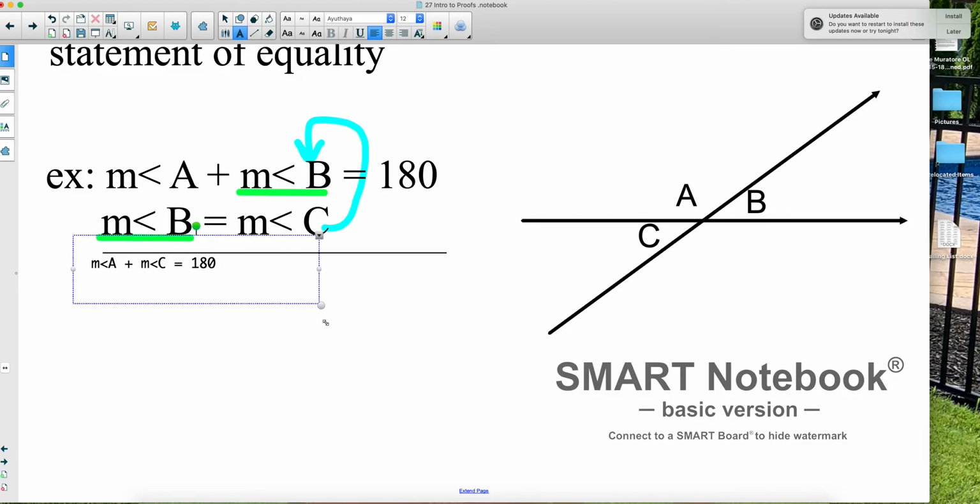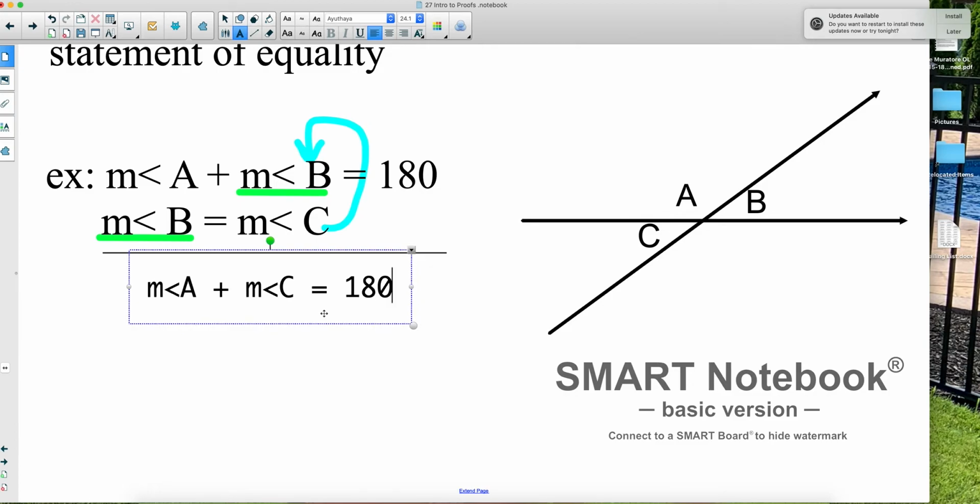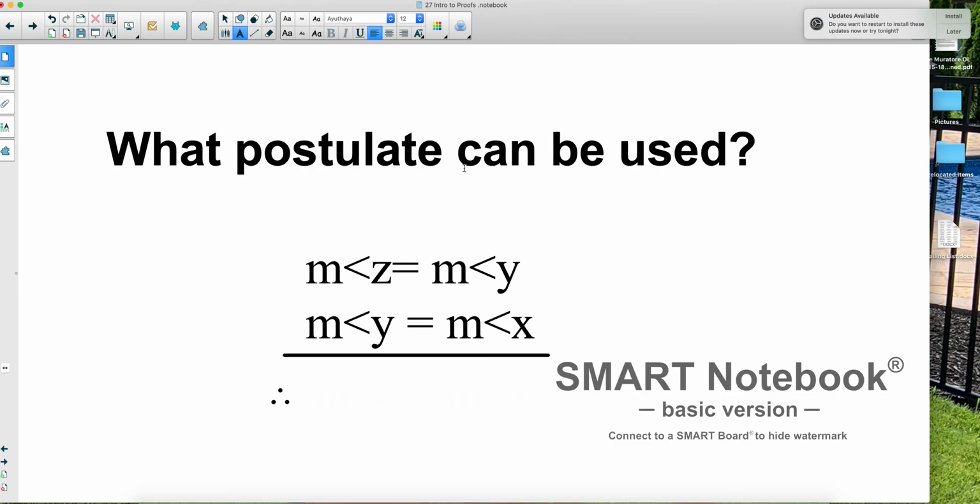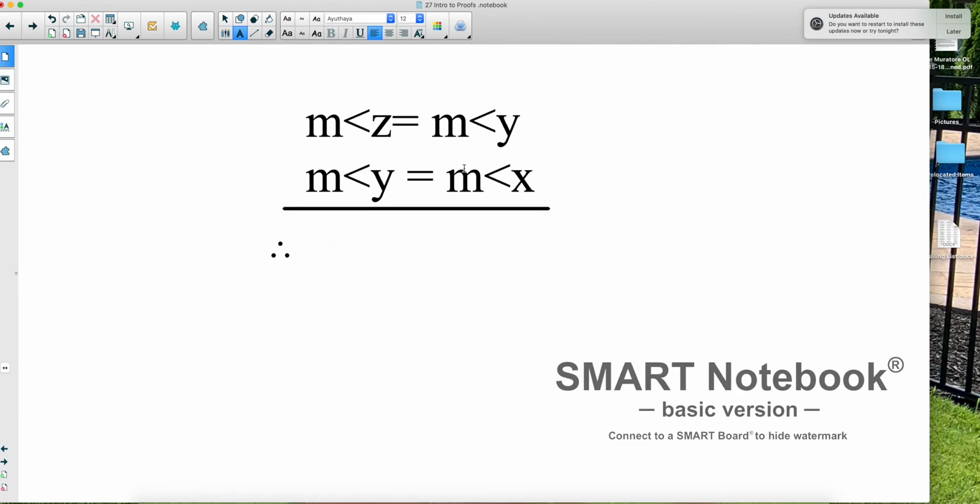Okay, so here we have it. Okay, so again, you take this out, you plug this in. And we also know A plus C equals 180 because they're a linear pair. So one thing that you want to see is right here, Z equals Y and Y equals X. So two things can happen.